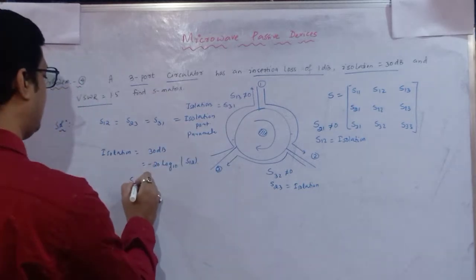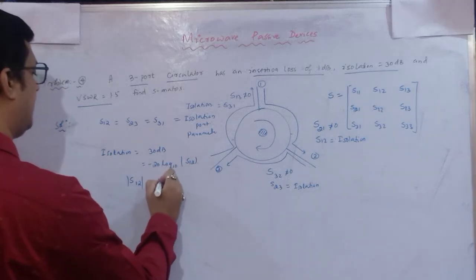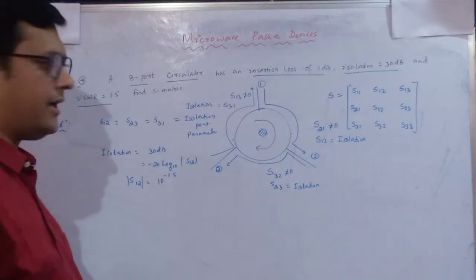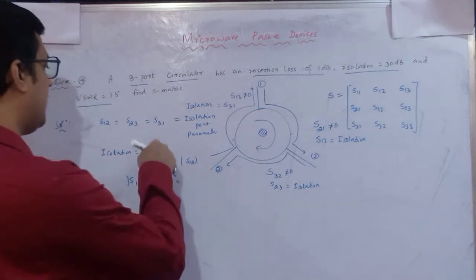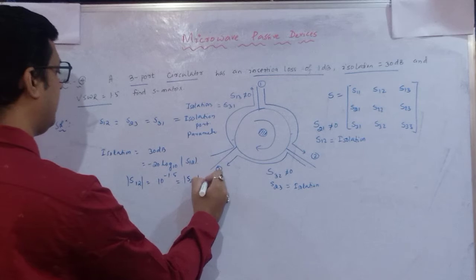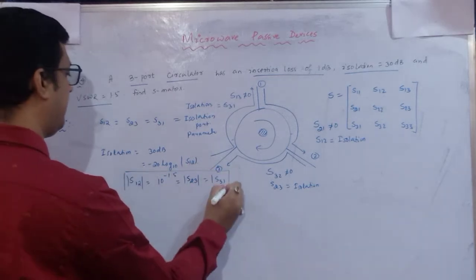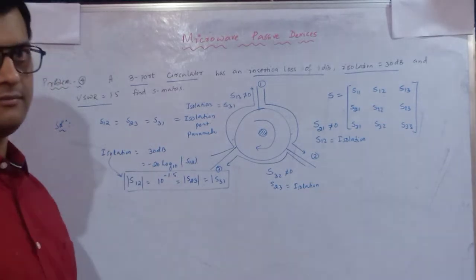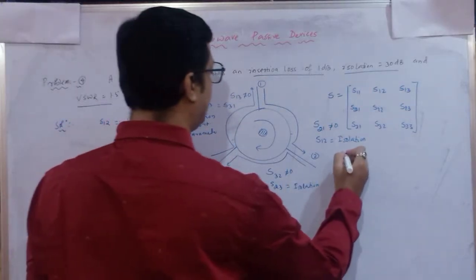Now with the help of this you can solve S12 as 10 to the power minus 1.5. Okay, so S12 is the isolation value. Similarly S12 equals S23, which equals S31. So this parameter we have identified with the help of the isolation factor. Done.